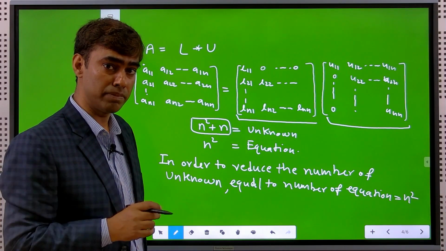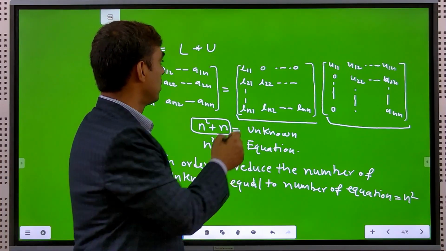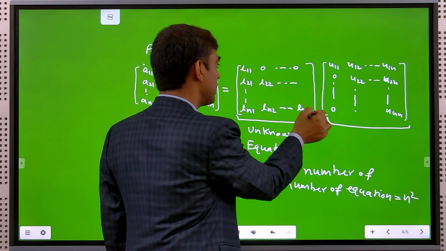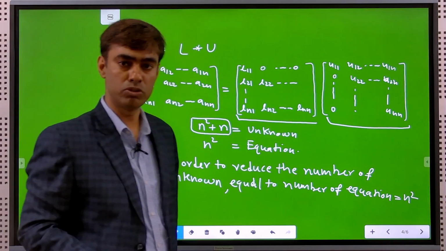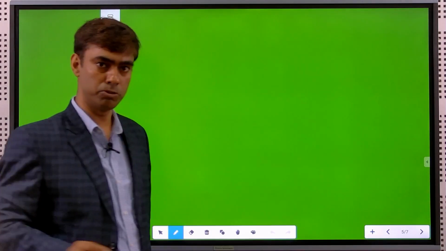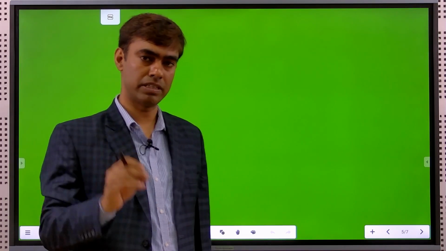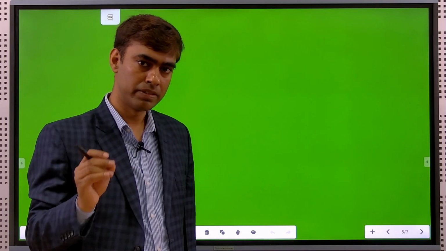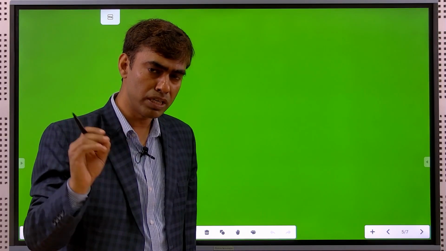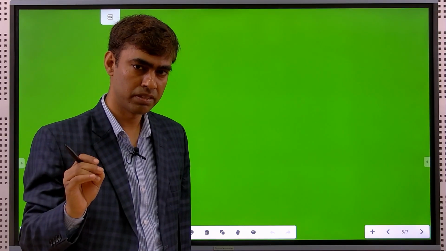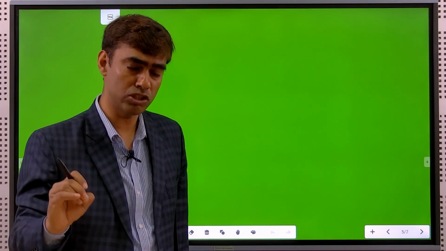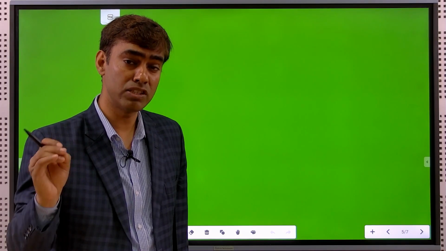And in the Doolittle method, he put the values of the diagonal elements of the lower triangular matrix equal to 1. What is the summary? In order to find a unique solution, we try to make the number of unknowns equal to the number of equations. Here the number of equations is n square, and the number of unknowns is n square plus n.